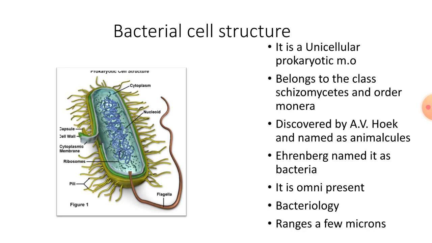It ranges just 200 to 300 nanometers. And the bigger bacteria is Thiomargarita namibiensis. It is a gram-negative and coccal type of bacteria. It ranges 100 to 300 micrometers, whereas Epulopiscium fishelsoni is the biggest bacillus type of bacteria.